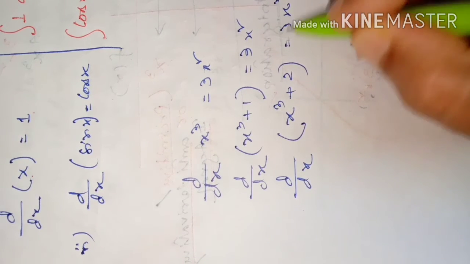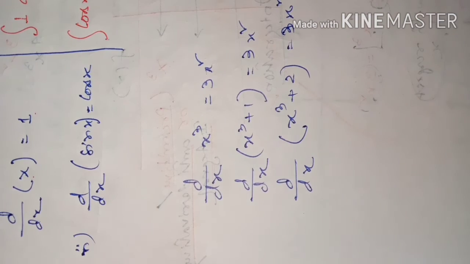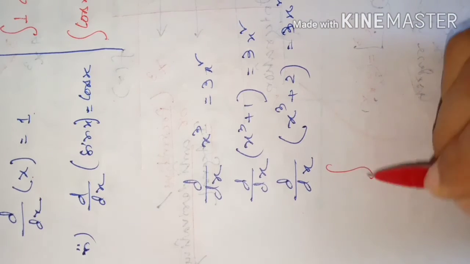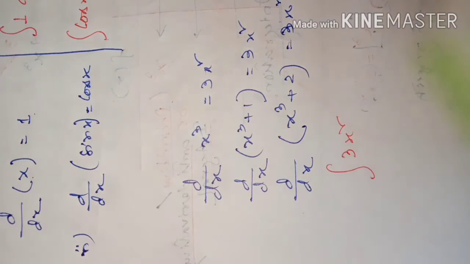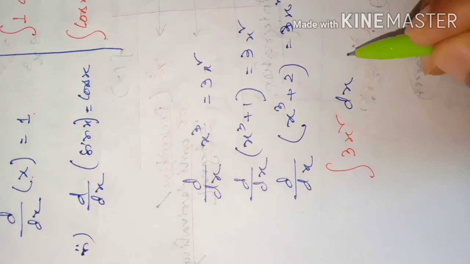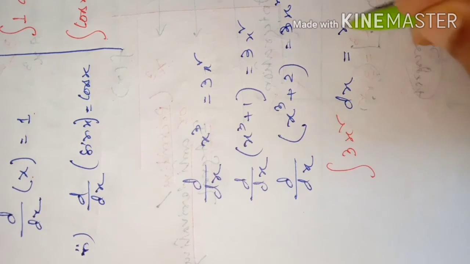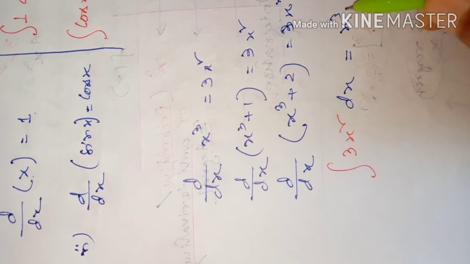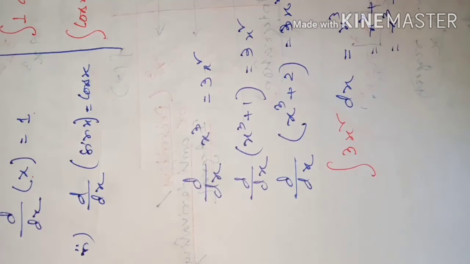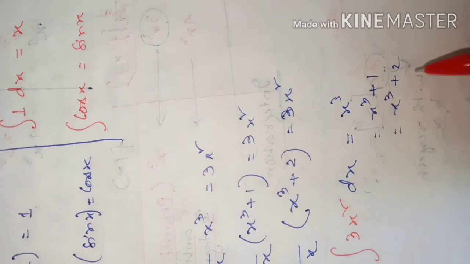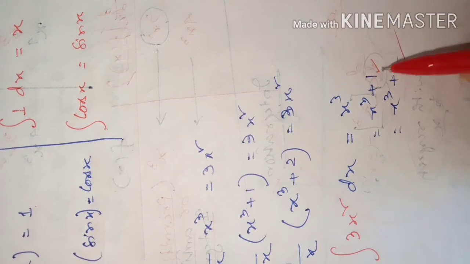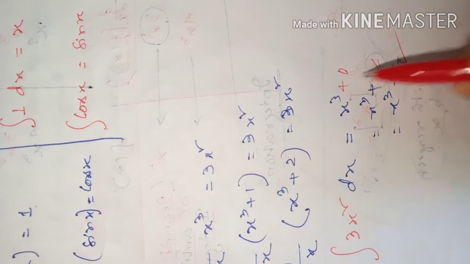That means, how can we say that the antiderivative of 3x square with respect to x is x cube or x cube plus 1, or x cube plus 2? That means it can have so many antiderivatives with different constants. These are constants 1, 2 or 0 here.